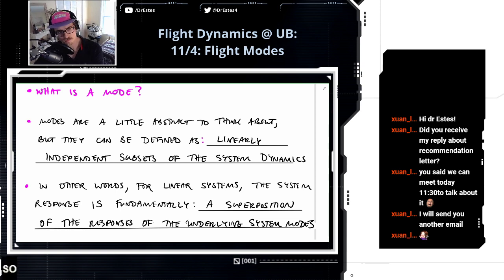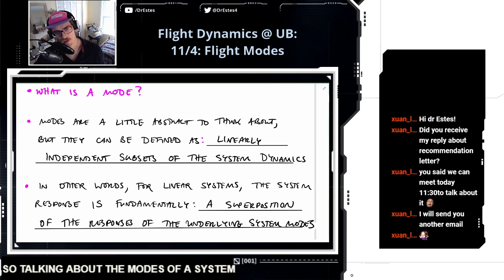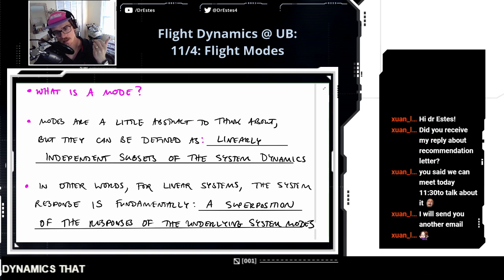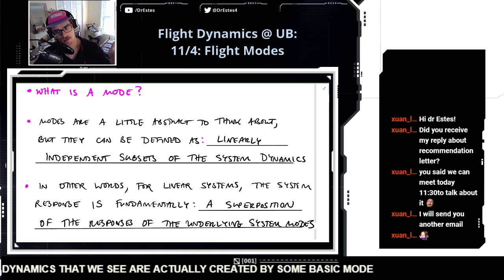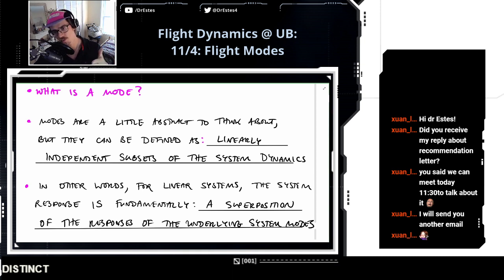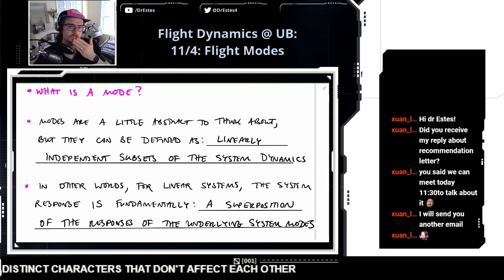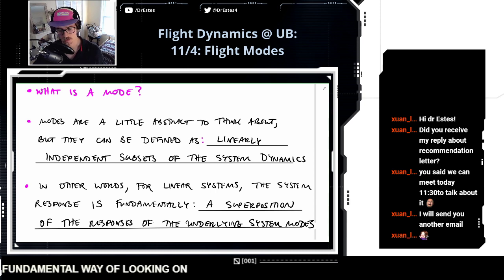So, talking about the modes of a system, it's saying behind the scenes, all of the dynamics that we see are actually created by some basic modes that are like distinct characters that don't affect each other. And it's just the most fundamental way of looking at what's going on with a dynamic system.